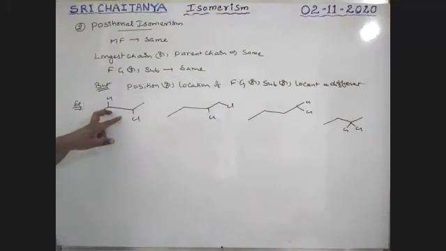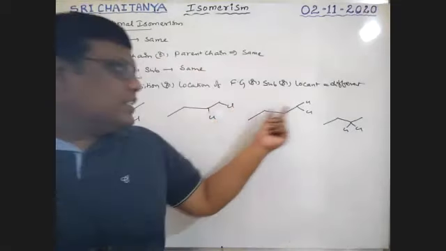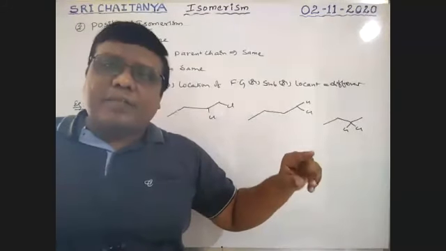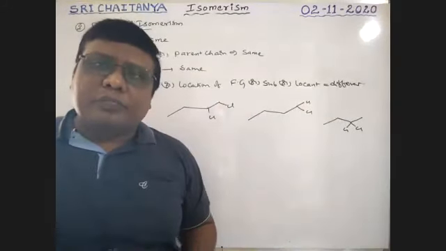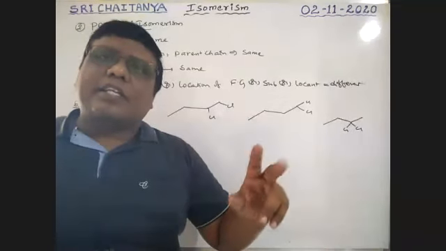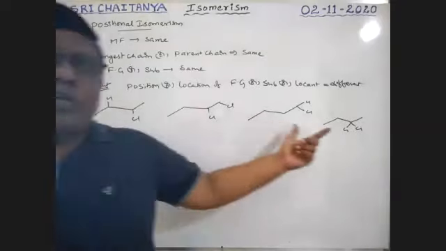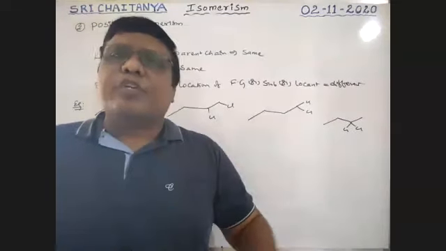So these are vicinal dihalides. This is gem dihalides. Gem dihalides means 2 halogens at the same carbon. Vicinal means 2 halogens at adjacent carbons. So the first 2 are vicinal dihalides, the second 2 are gem dihalides. But all these are positional isomers.